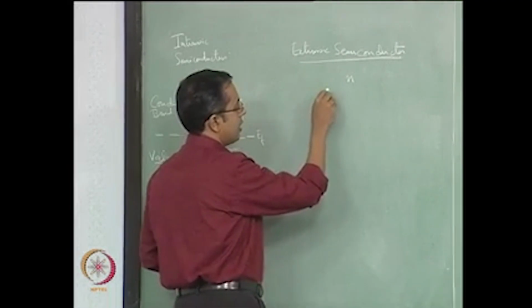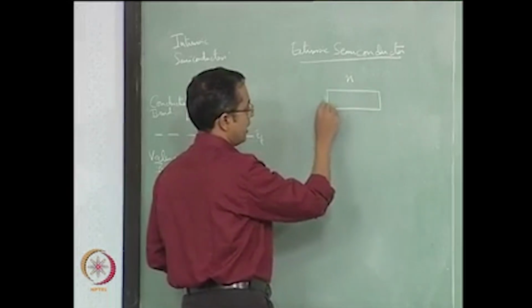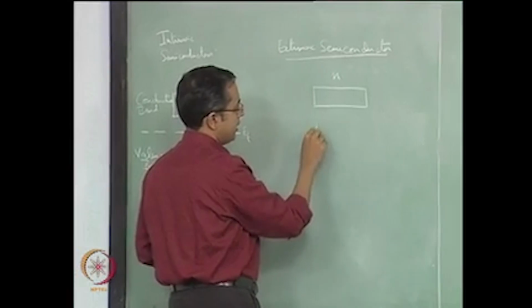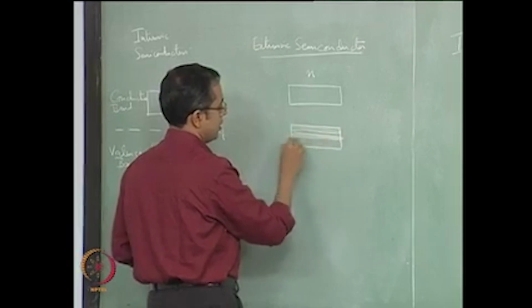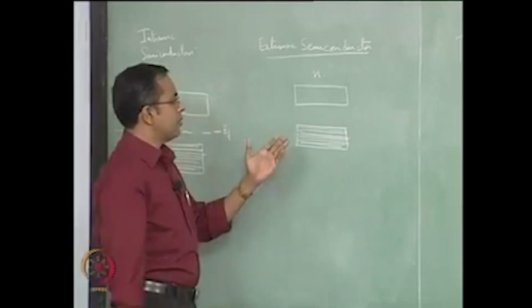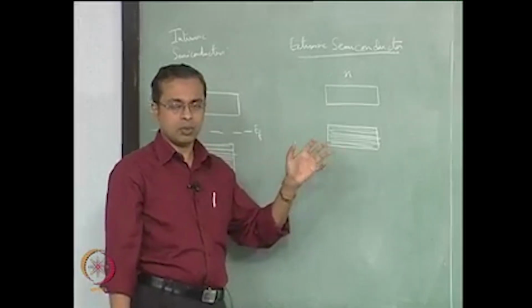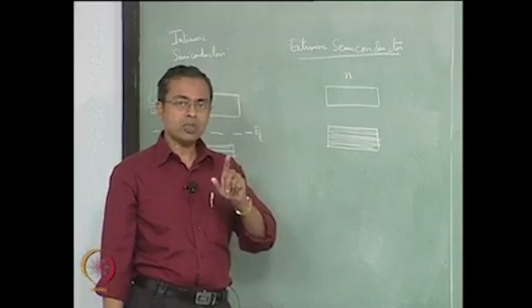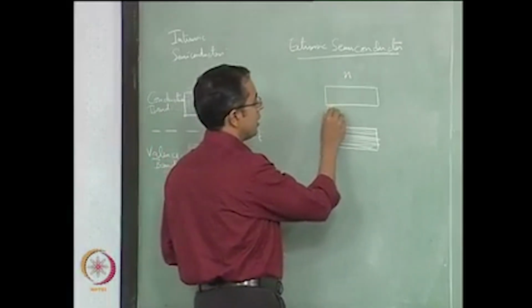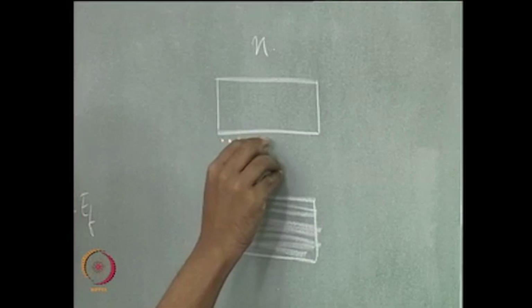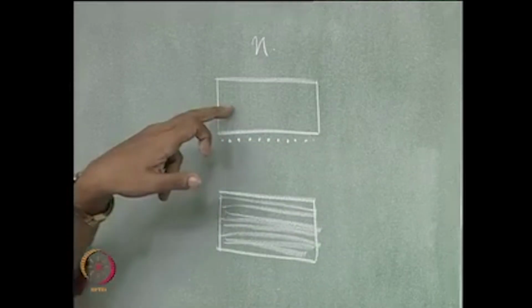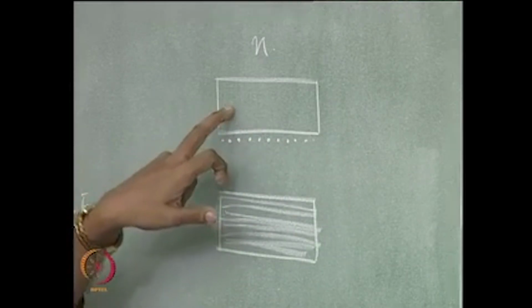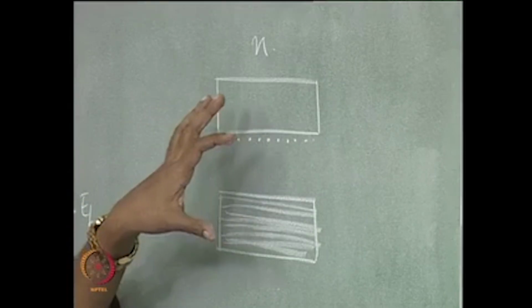In an N type we have again a conduction band and a valence band, and say for example we have introduced a group 5a element into this group 4 element. So you have additional electrons, and those electron levels are very close to the conduction band, so they can very easily get into the conduction band. In fact, that is the reason why they dominate the behavior of an n type semiconductor, alright.